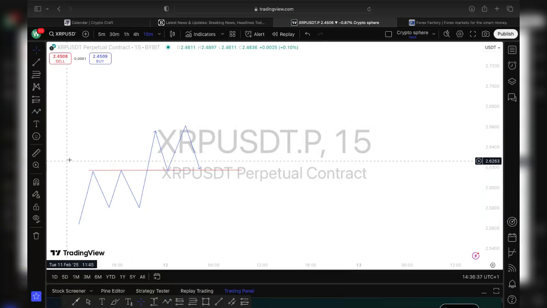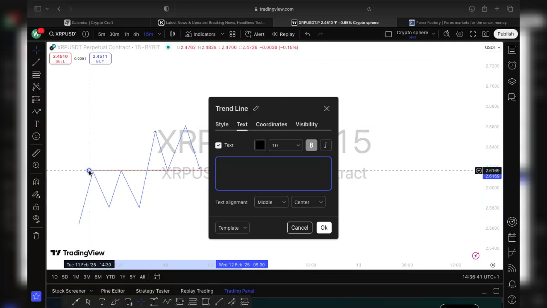This was a support level, that was turned into a resistance. Sorry, this was a resistance level rather, because it was rejection from the upside.